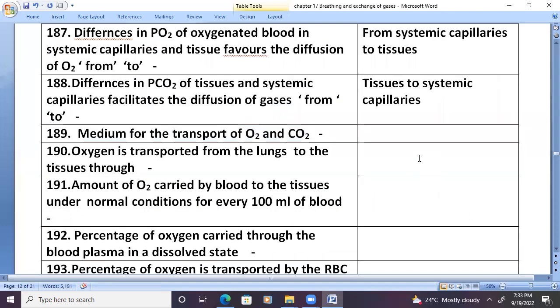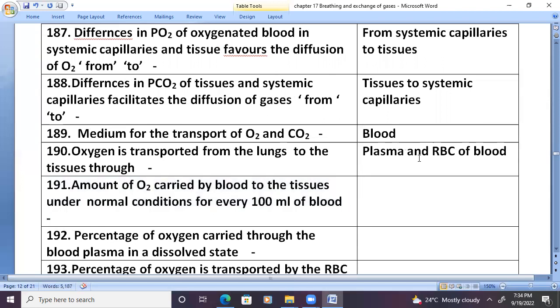The medium for the transport of oxygen and carbon dioxide is blood. Oxygen is transported from the lungs to the tissues through plasma and RBCs of blood.